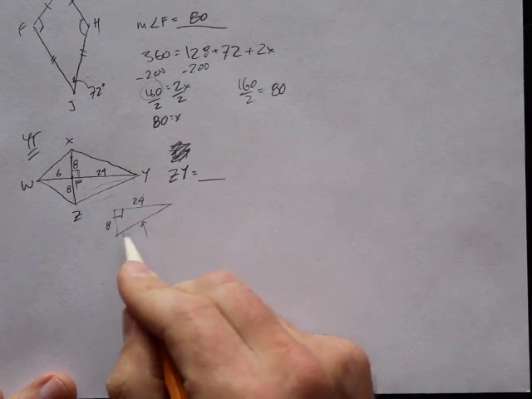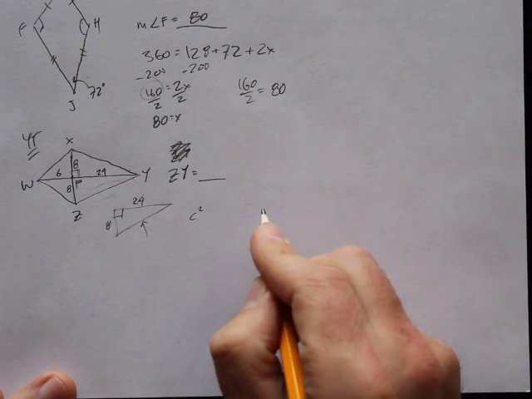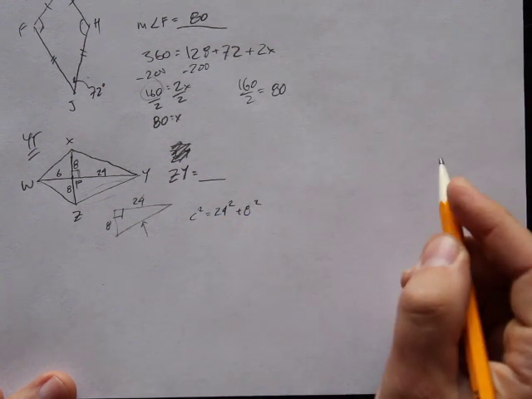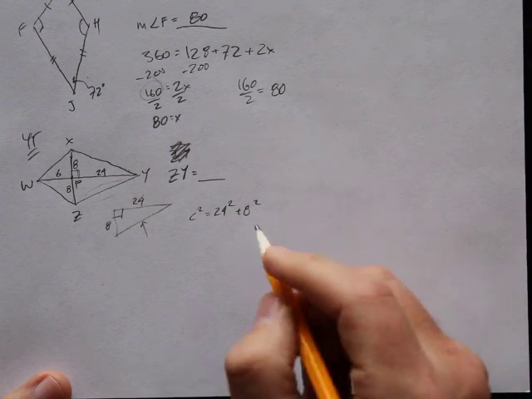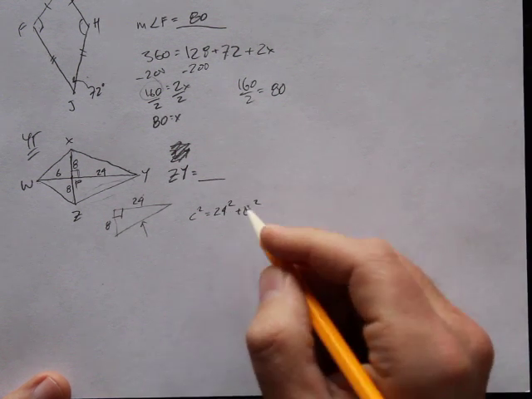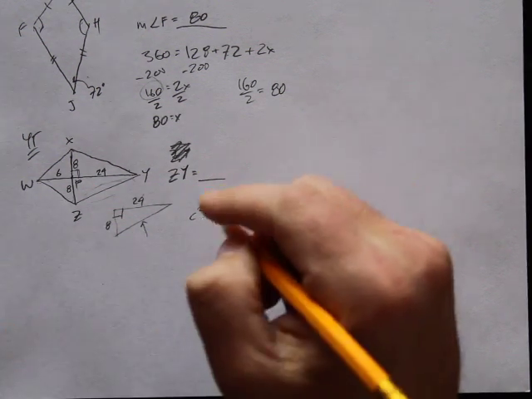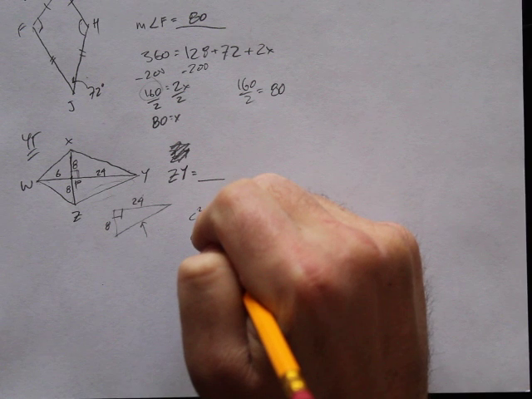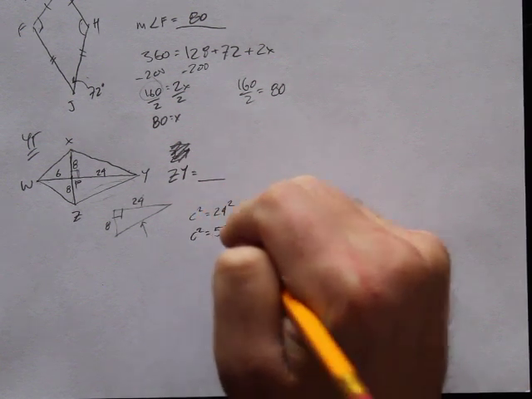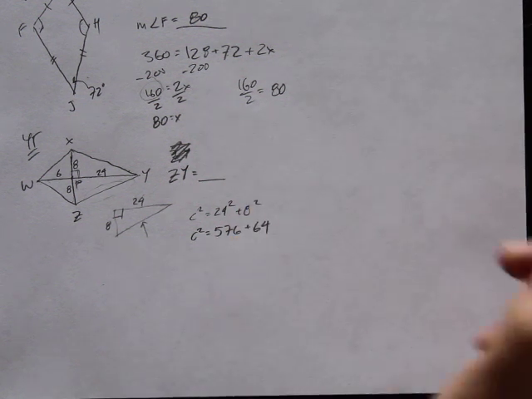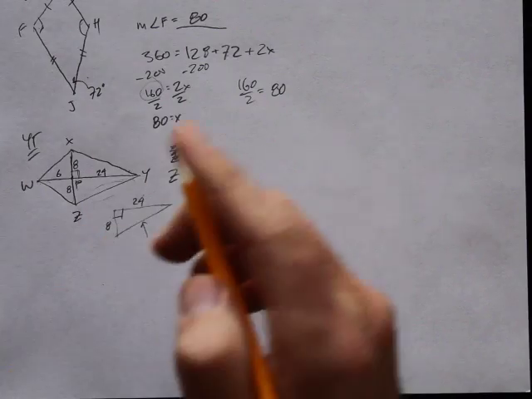This is the hypotenuse, the longest side, so that's c squared, the one I'm looking for, equals 24 squared plus 8 squared. 24 squared is 576 plus 64, since 8 squared is 64. I add those together and I get 640.